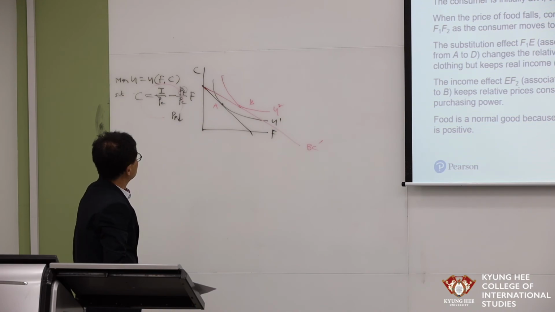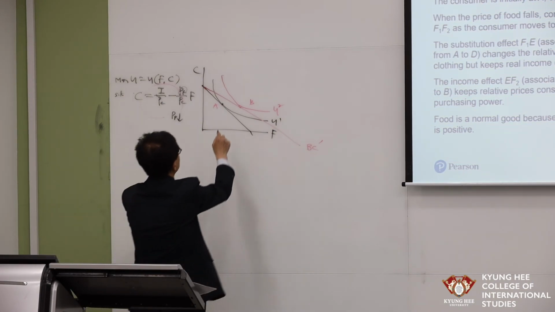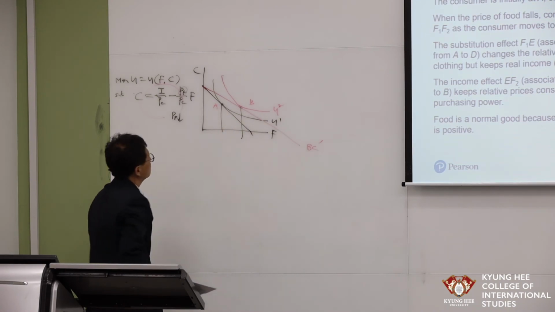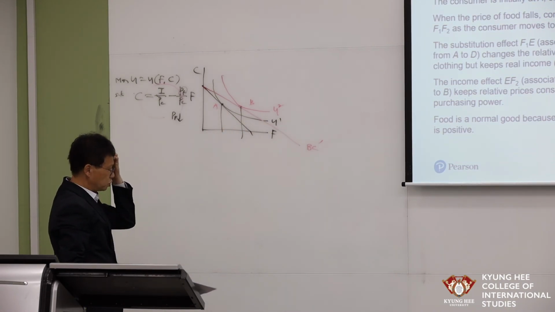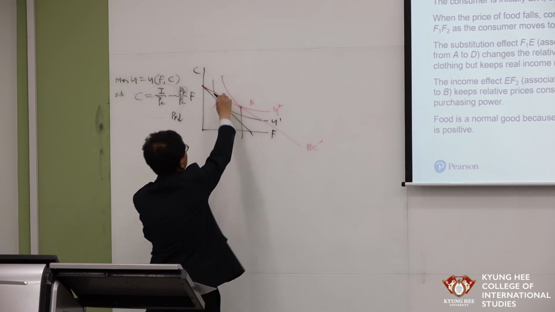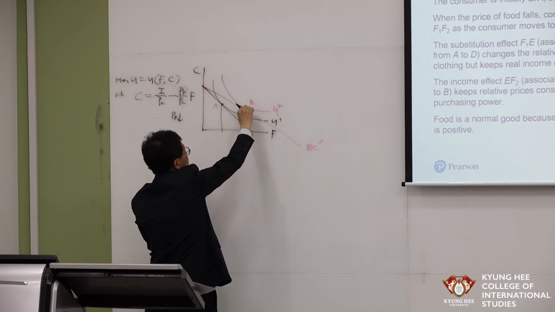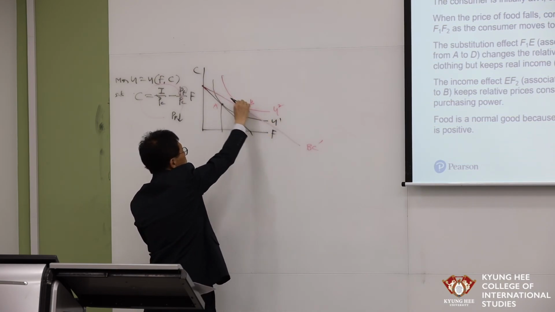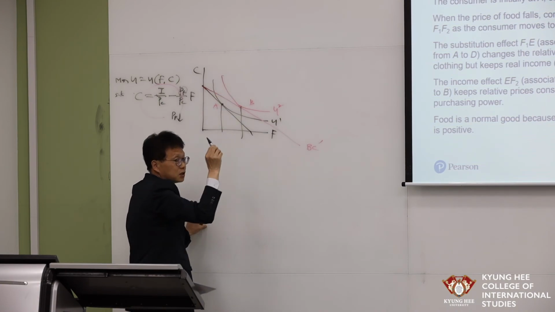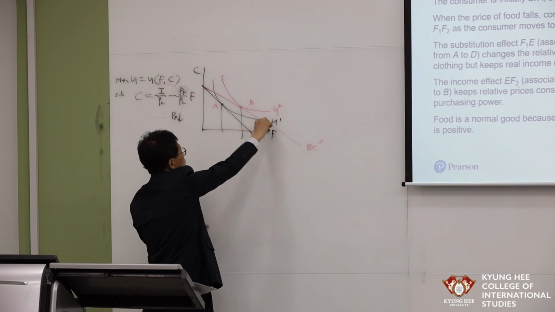Right? And so the total change should be here to here. This can be composed of substitution and income effect. How to draw the substitution effect? Right? You draw the new budget constraint, an imaginary budget constraint with slope equal to the new one.